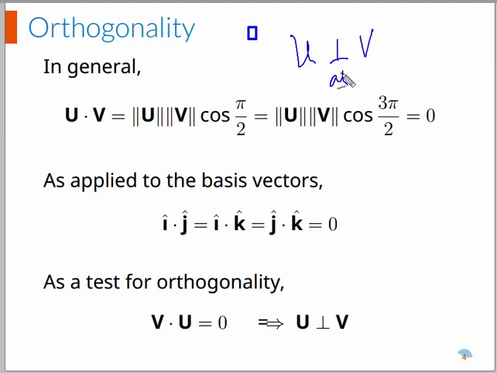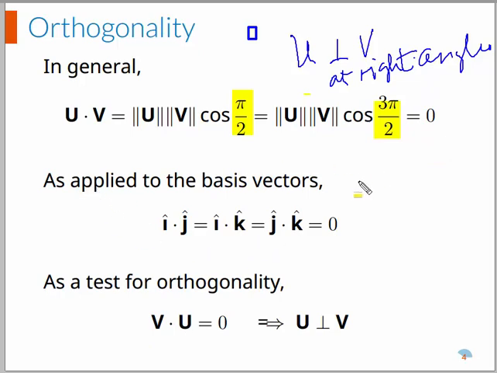They are at right angles. That means the angle between them is either pi over 2 or 3 pi over 2, then by the basic definition of the dot product, their dot product is 0.